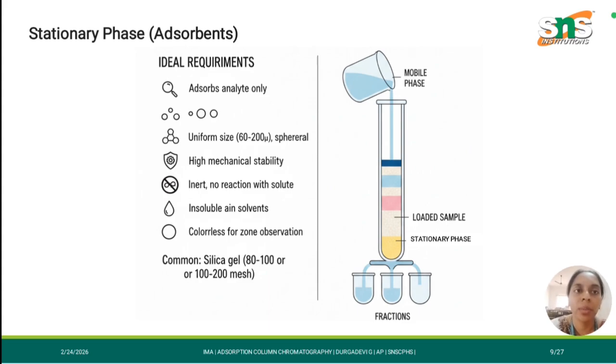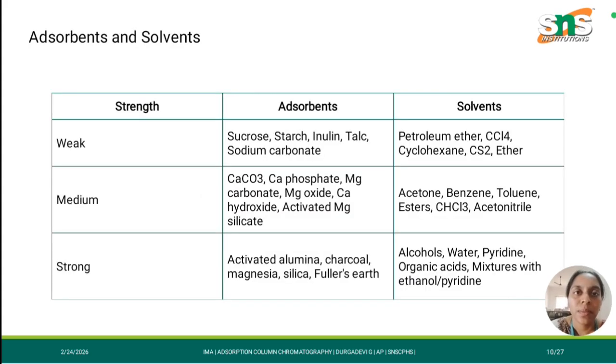The ideal requirements of an adsorbent are that it adsorbs the analyte only, it should have uniform size like 60 to 200 micron, and most should be spherical in shape. It should have high mechanical stability and be inert. They should not react with either the solute or the mobile phase, and they should be insoluble in solvents and colorless for zone observation.